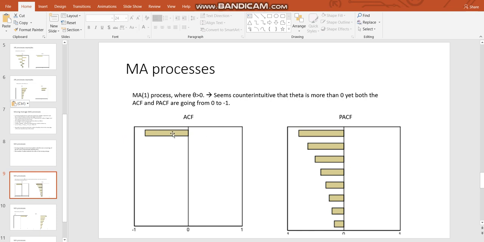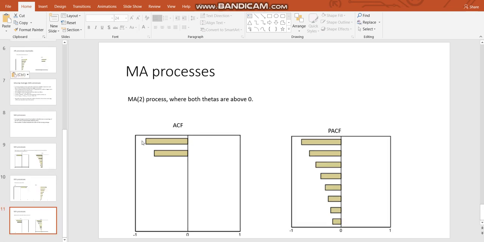So just remember, the AR processes and the MA processes are kind of like opposites of each other. That's the key thing to remember. So again, this is just an example of an MA2 process. This time, again, the partial autocorrelation function is the same, but the ACF has 2 spikes now, and that gives us an indication that it's an MA2 process.